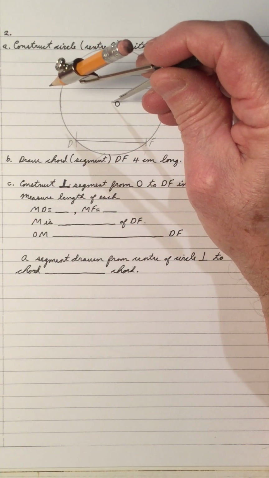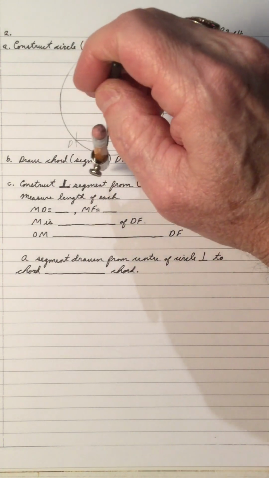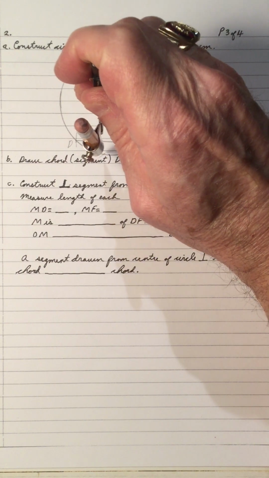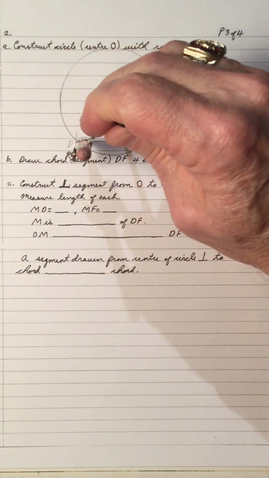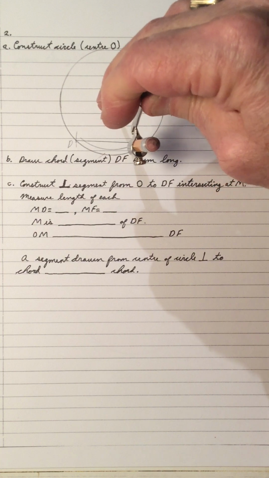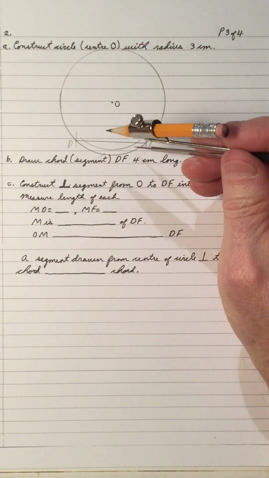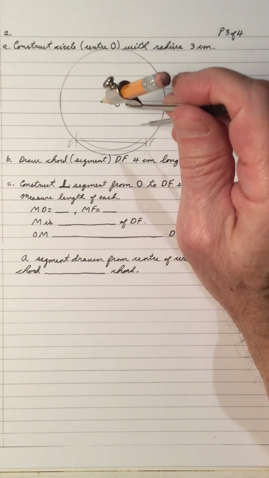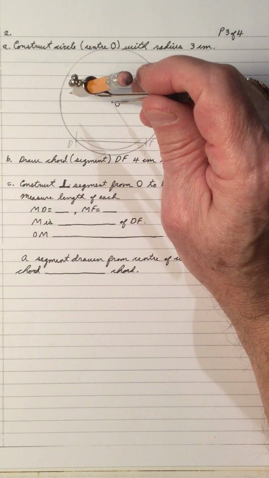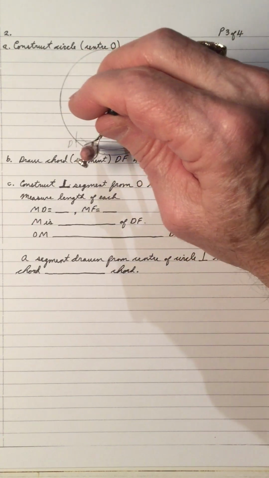Well, I put my compass at O, and I have to cut the segment twice with an arc like this. Now, if I want, I didn't have to draw this one, but it's best to make sure that you put it at the center and draw this one.